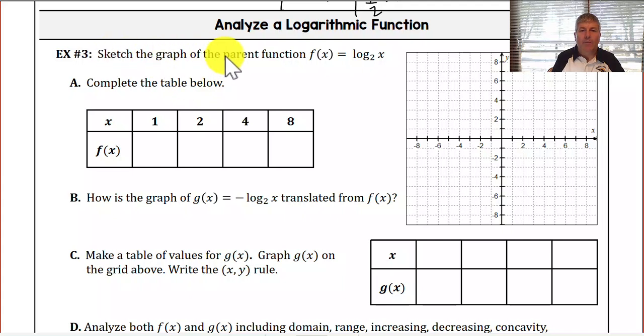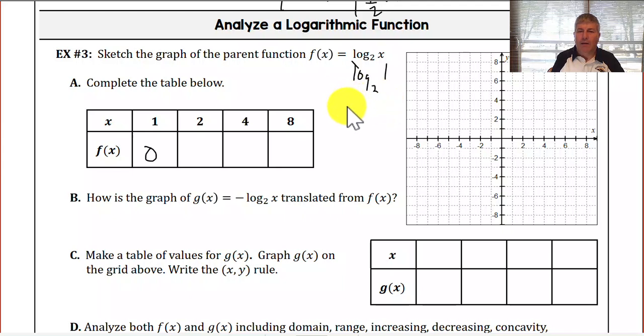In example 3, we want to sketch a graph of the parent function of log base 2 of x. Complete the table below. So when x is 1, we want to get log base 2 of 1. What is the exponent on 2 that gives us an answer of 1? Well, anything to the 0 power is 1, so we would get 0.